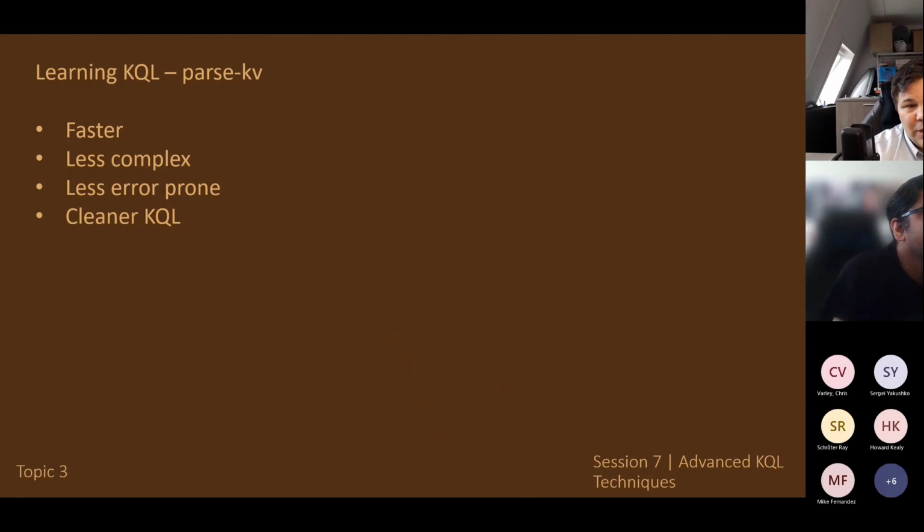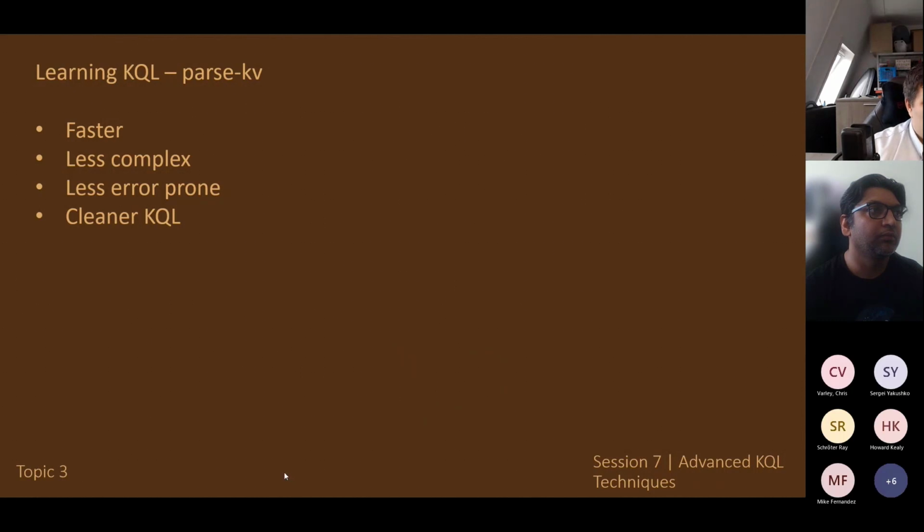I will show you that it can be less complex, and because it's less complex, it's also less error prone, because you can play quite easily with it, and it can give you really clean KQL code, and you don't have to use complex regex statements. You can if you want, but it's not needed.